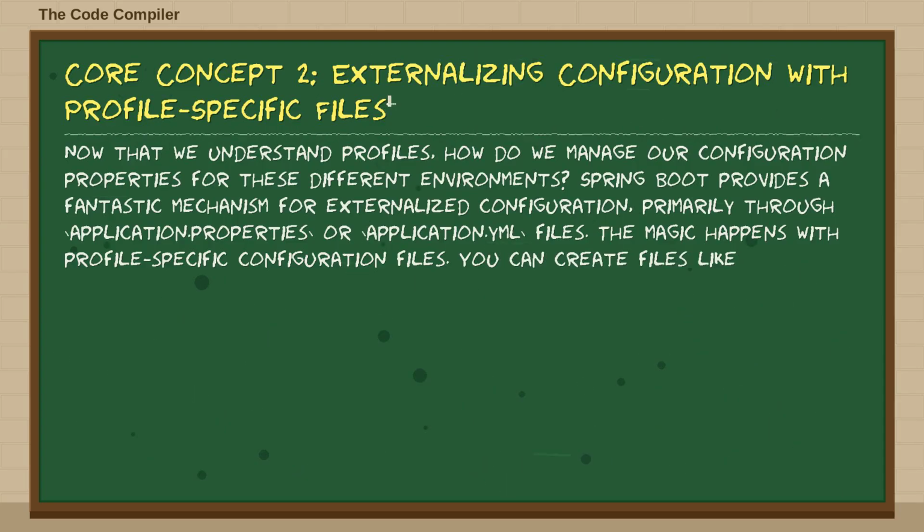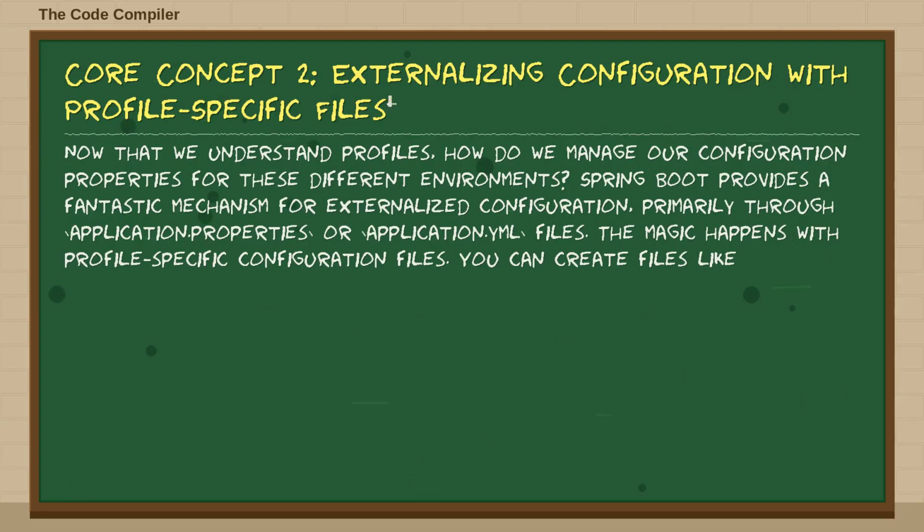You can create files like application-dev.properties, application-test.properties, or application-prod.properties. Spring Boot will automatically load the base application.properties file first and then overlay it with properties from the profile-specific file that matches the active profile.